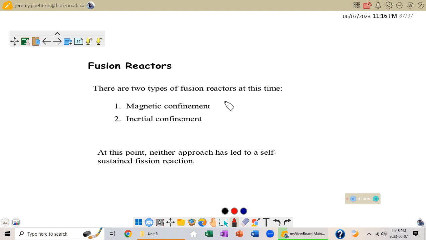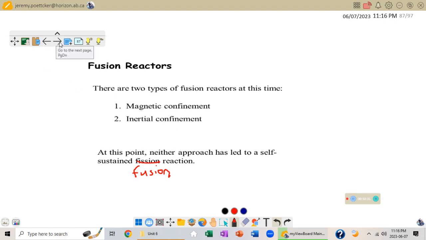At this time, we have two kinds of processes. We can try magnetic confinement or inertial confinement, and neither approach has led to self-sustained fusion. Neither of these would lead to a sustained fission reaction either, but that's not what we're trying for.